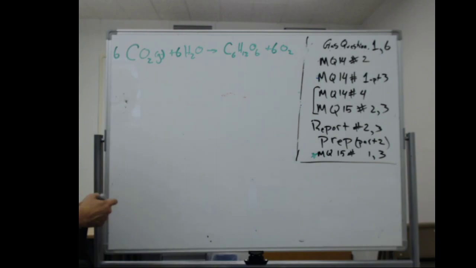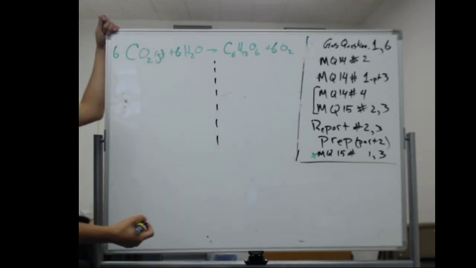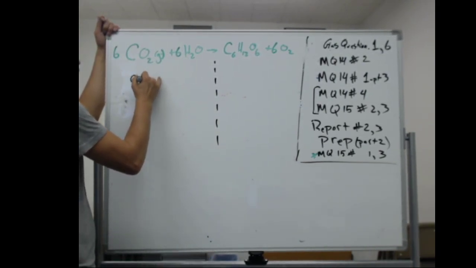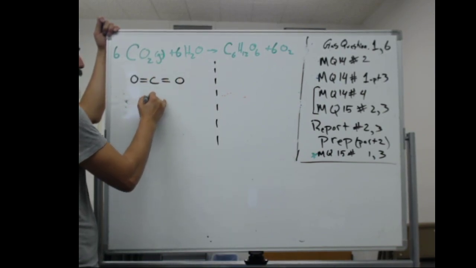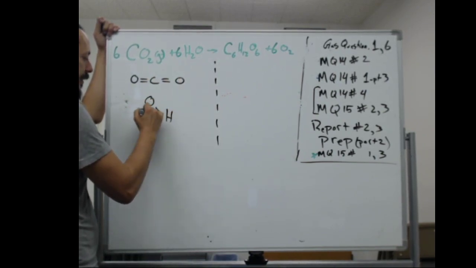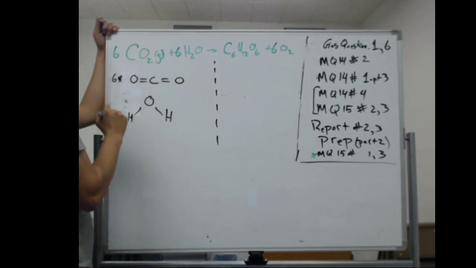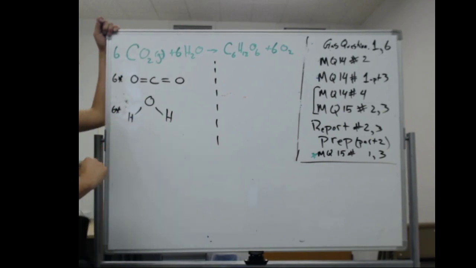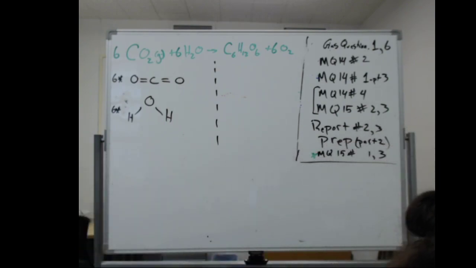The next thing that's going to be really important is keeping track of our structures. So I always like to, when I'm doing this, actually draw the structures so I can keep track of which bonds I'm breaking and which bonds I'm forming. And I'm going to want 6 of those CO2s, and I'm going to want 6 of those H2Os. And then I'm going to have to actually look up the structure for glucose to make sure I don't mess anything up.